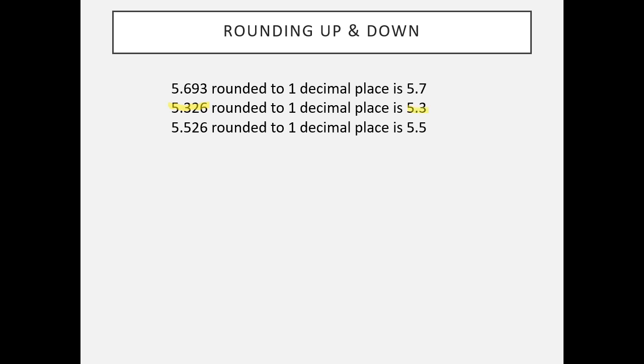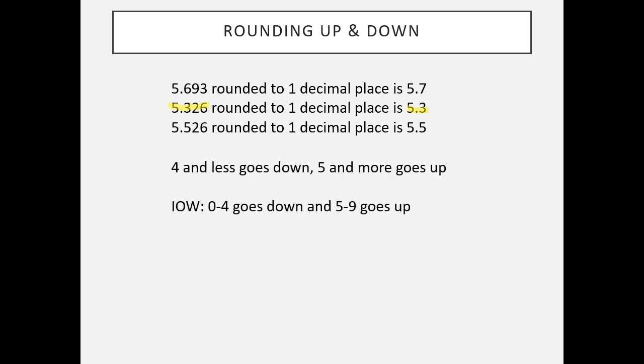Make sure that you understand how to do this very clearly. The basic rule is 4 and less goes down, 5 and more goes up. You keep moving from right to left until the number of digits that you need are recorded.